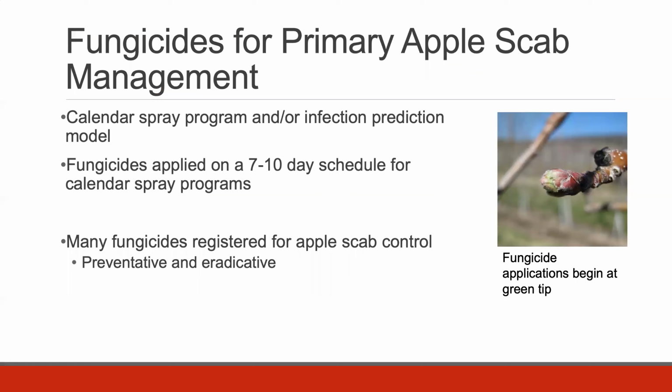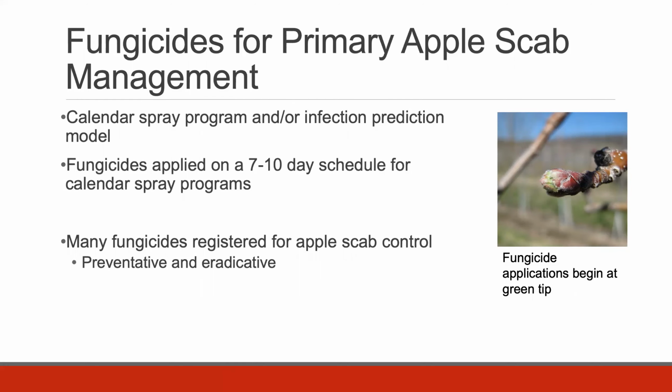If you remember from the introductory lecture, apple scab is the driver of an early season apple disease fungicide program. Fungicides to control primary scab are applied beginning at green tip and applications end at petal drop. Fungicides are typically applied on a 7 to 10 day schedule, which is referred to as a calendar spray program.